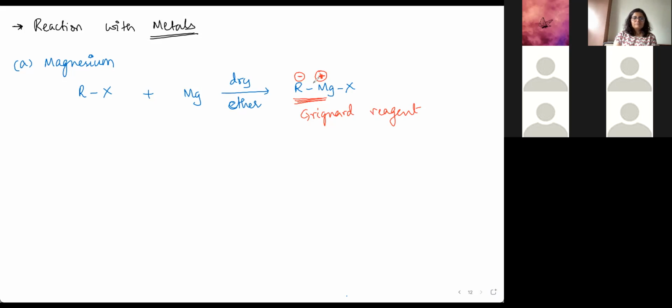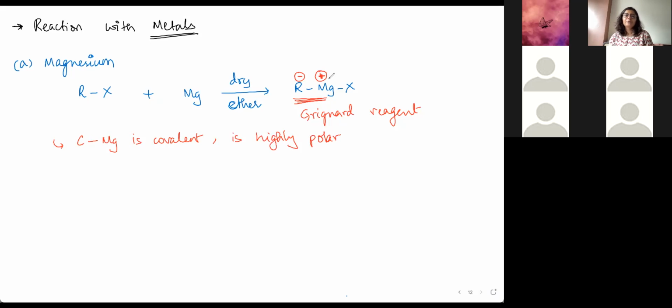Okay. Some important points about Grignard reagent: the C-Mg bond is covalent, but again, magnesium being highly electropositive makes it highly polar. And that makes this particular compound extremely reactive. You don't find bottles of Grignard reagent.